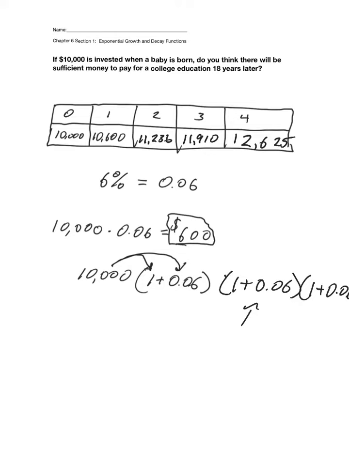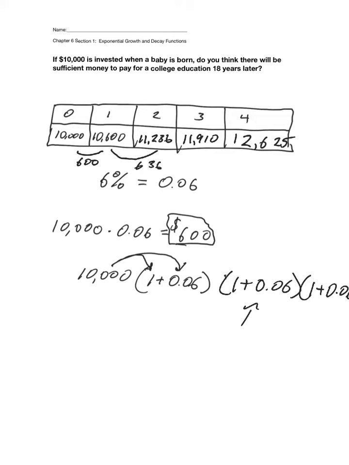$12,625. What I want you to notice is that I only made $600 in the first year, but in the next year I made a little bit more than that. I made $636 from the exact same investment. So I'm going from 600 here, and then from here to here I end up making $636 more.